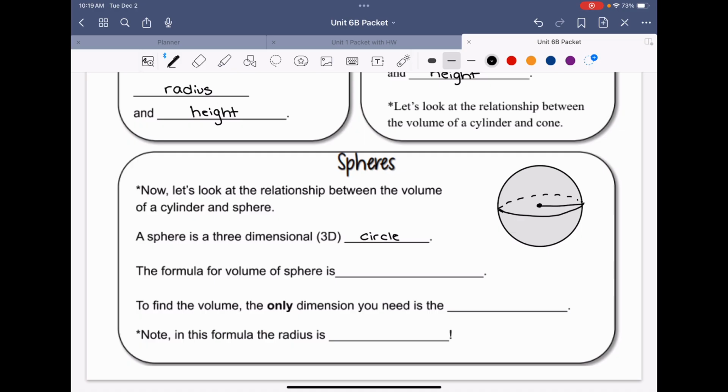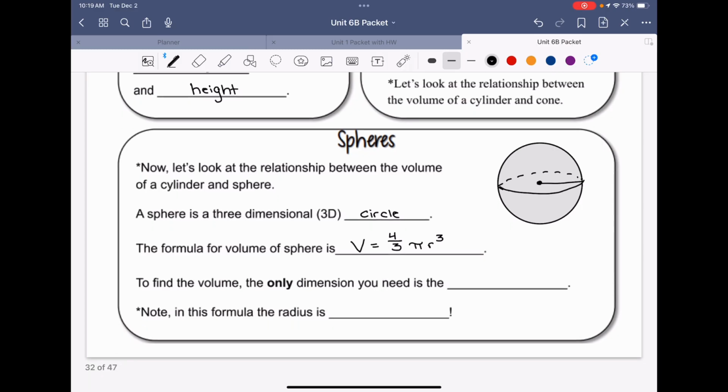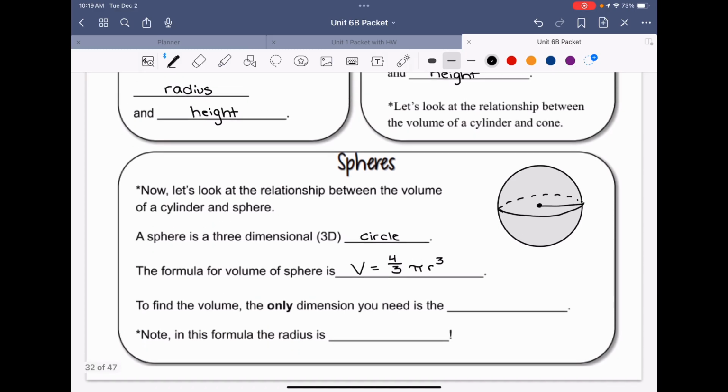So the volume of this sphere is going to be everything inside of it, and that formula is going to be 4/3 pi r cubed. And this one is a bit different than the other two. So this one you're going to have to just make sure you recognize that it's a little bit different. So biggest difference, the only dimension you need is a radius.